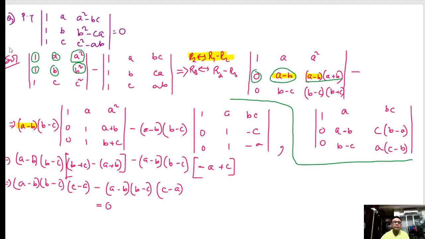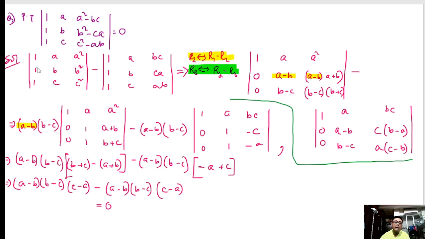Similarly, in R3 we will do R2 minus R3. So let's see. First, let me clear this off so that it becomes easy for you. Okay, now we will do R2 minus R3.